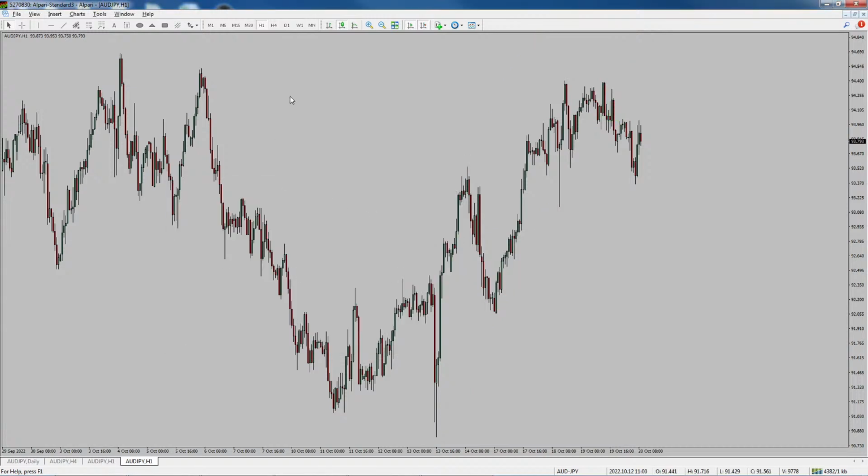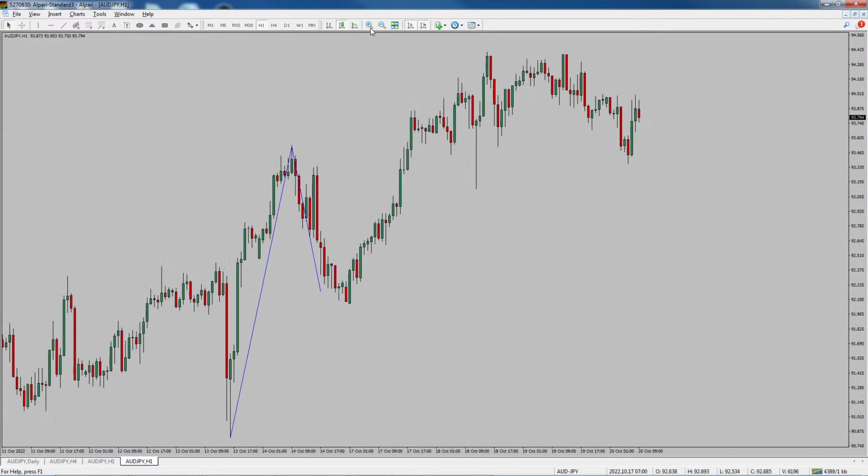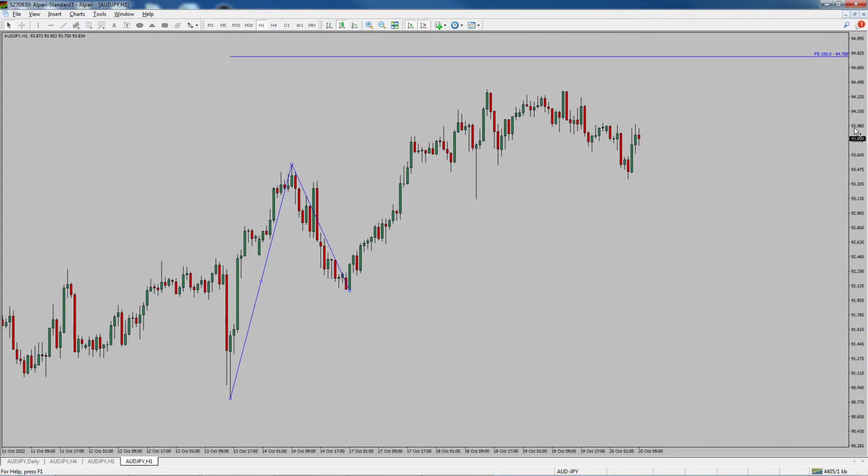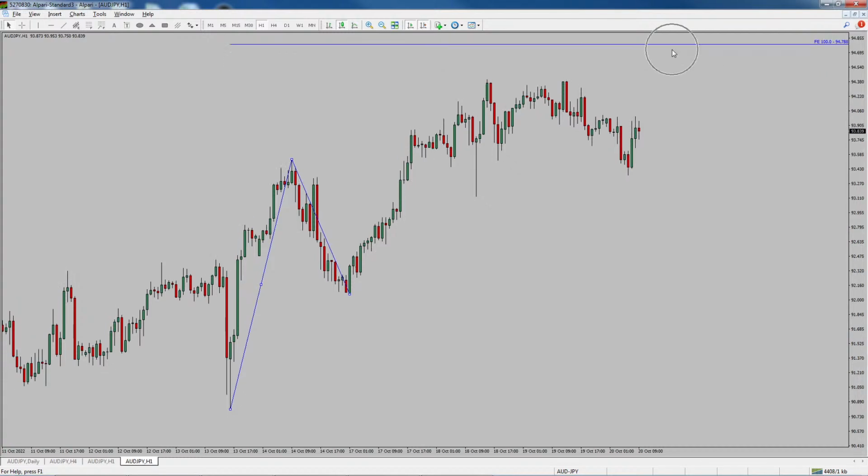Okay, so I'm going to assume that this is probably wave A, B, and wave C. Let's do the measurement first. And the 100% is right up there, so I can't label with confidence that we have seen a top right here.